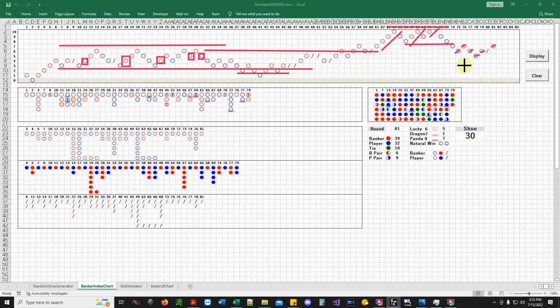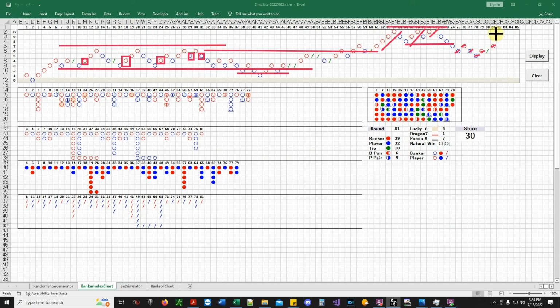Let me tell you something. My rule is when you set a target, whether it be 10 units, 15 units, or whatever it might be, if you don't have that by hand 65 to hand 70 — and some of those shoes end at hand 70, 71, I've seen them.